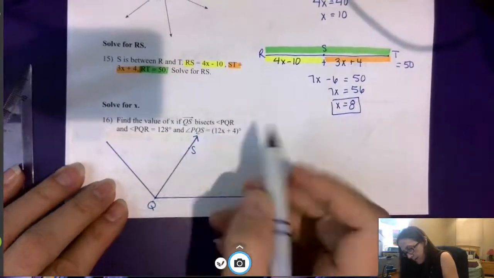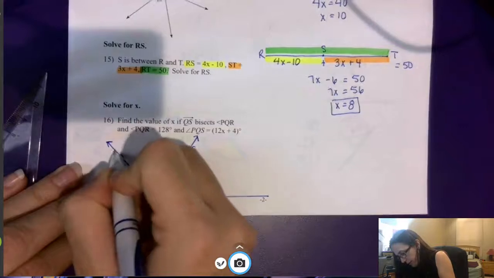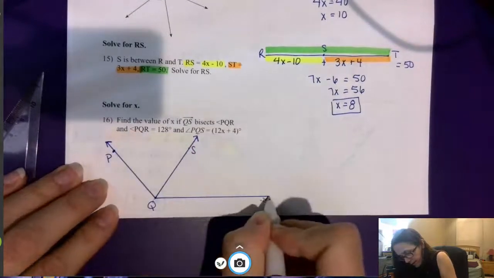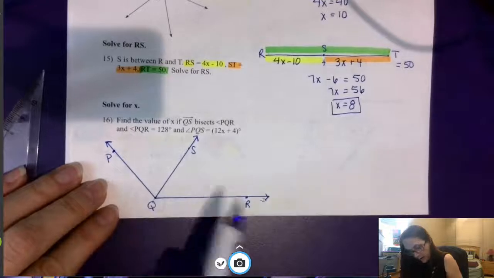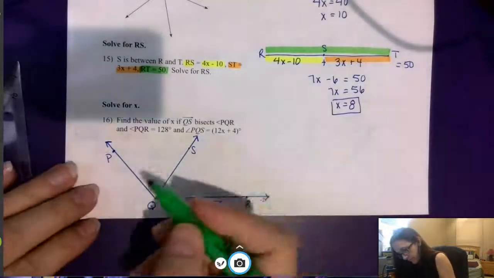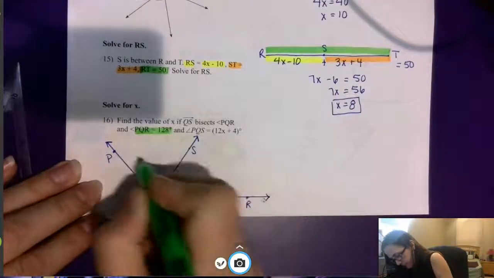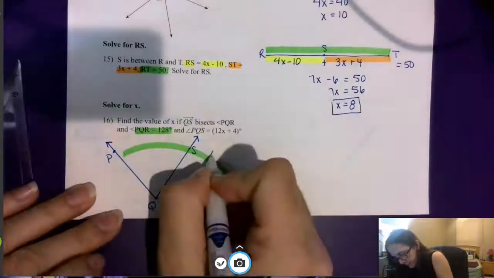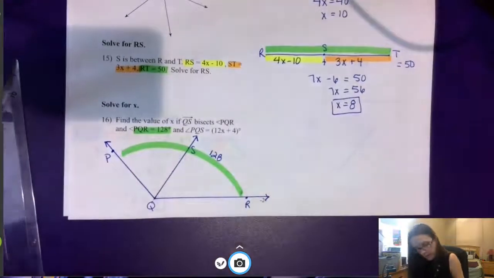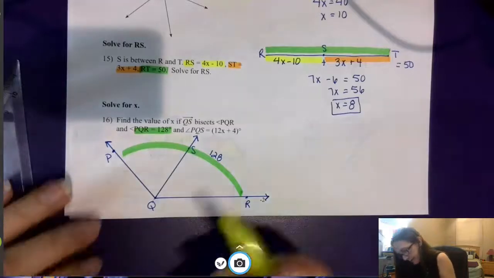It bisects PQR, so I'll make this one over here P, Q, and this one over here R. PQR, the whole thing, is 128. PQS is this right here.